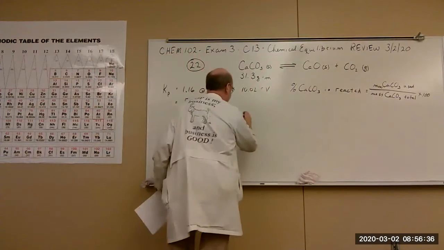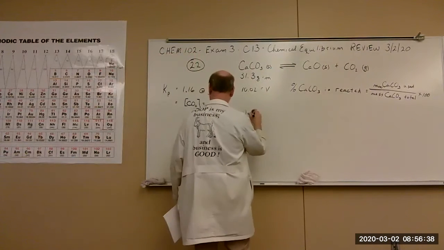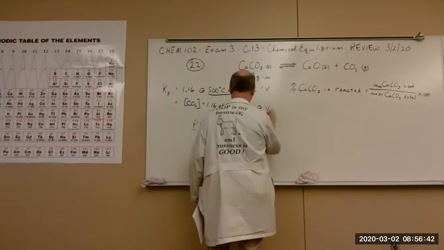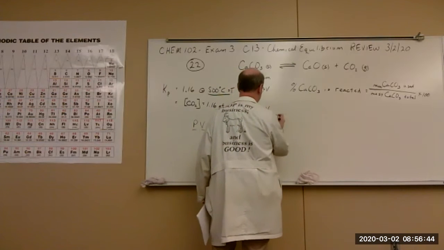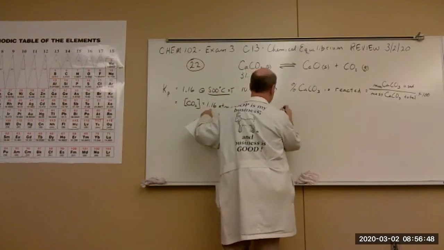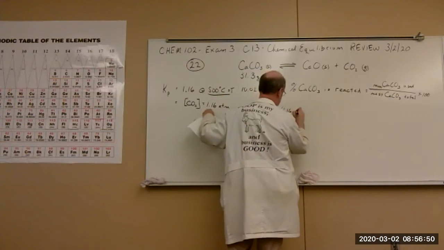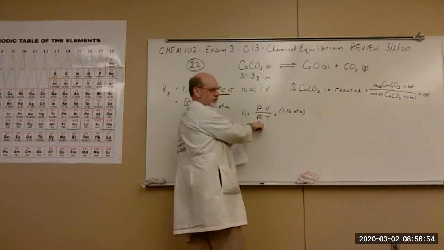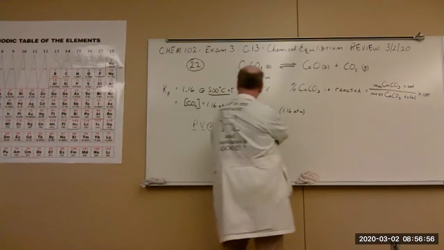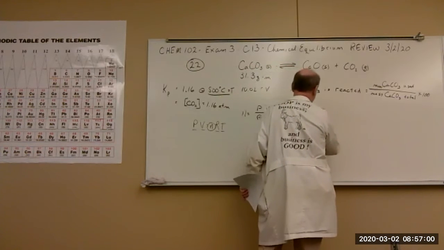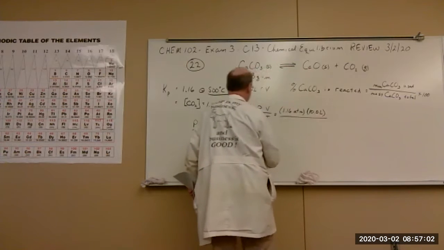Okay? So n equals PV over RT. Pressure is in atmospheres, that's good. Why is that good? Because R is in liter atmospheres per mole K. Liters, that's good. Don't have to change that.